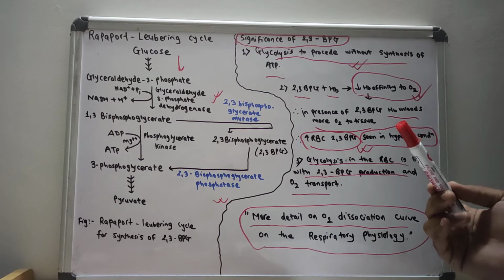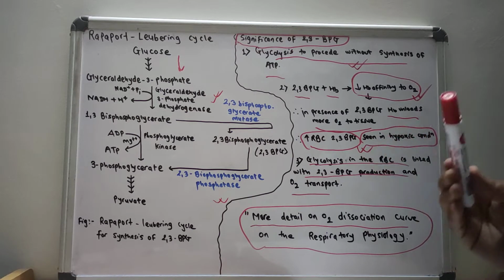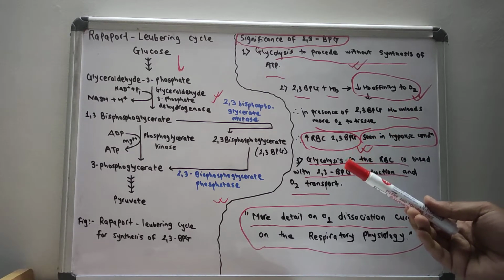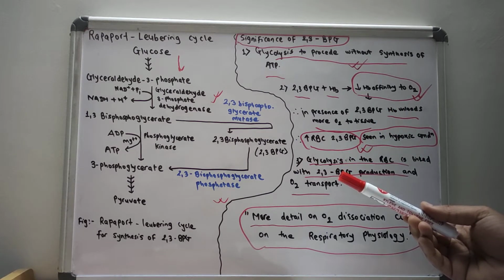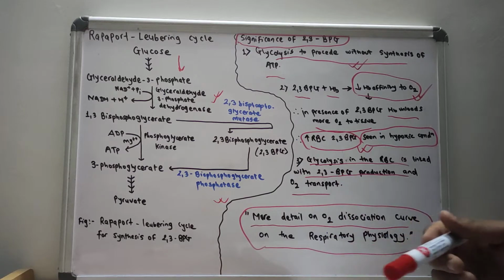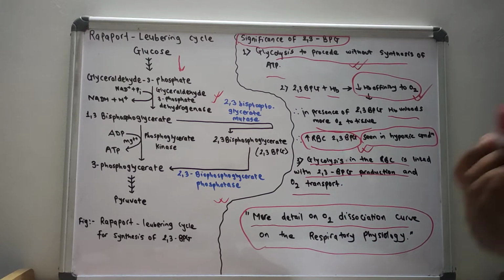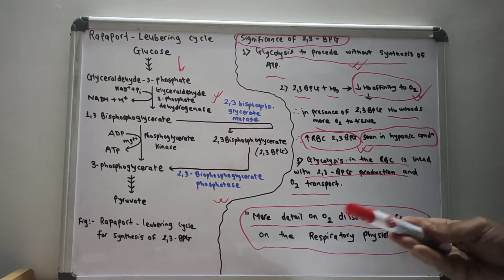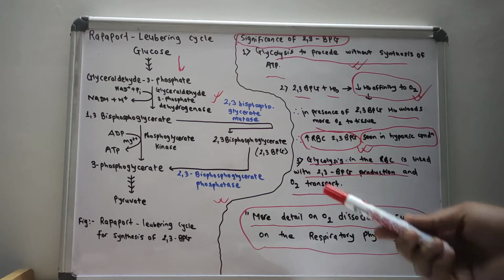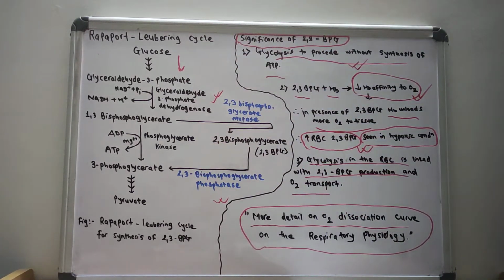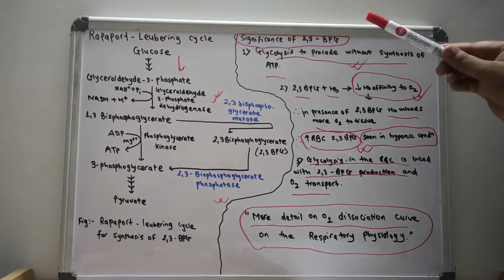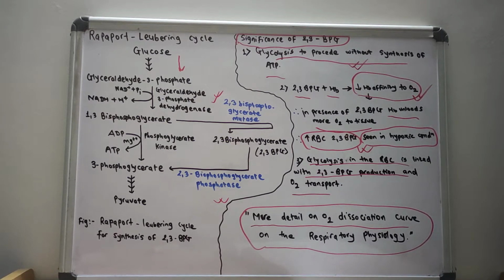On the other hand, in the patient with pyruvate kinase deficiency, the level of 2,3 bisphosphoglycerate in the erythrocyte is high, resulting in lower oxygen affinity. So this is the main thing you have to know in the Rapaport-Leubering cycle. You have to know the pathway of the Rapaport-Leubering cycle, and you have to know the significance of the 2,3 bisphosphoglycerate.